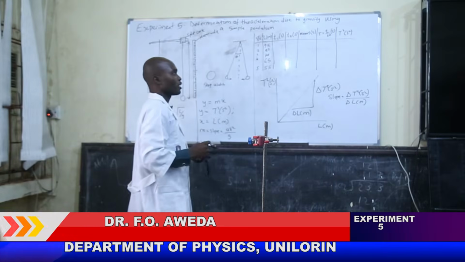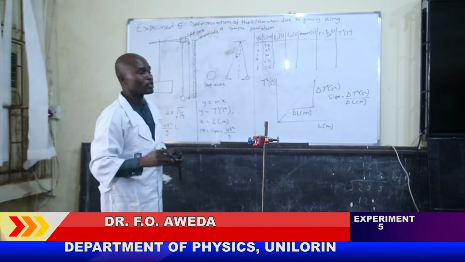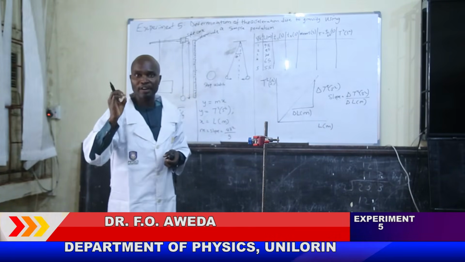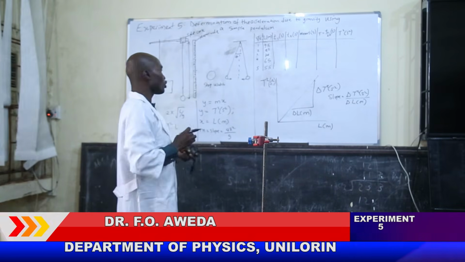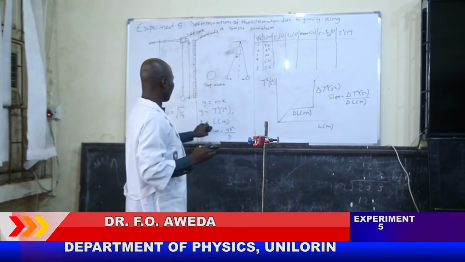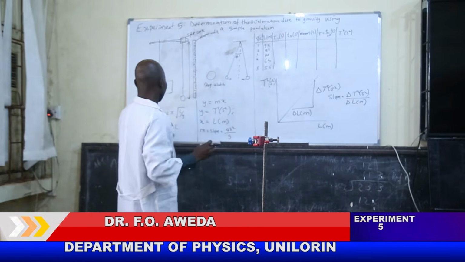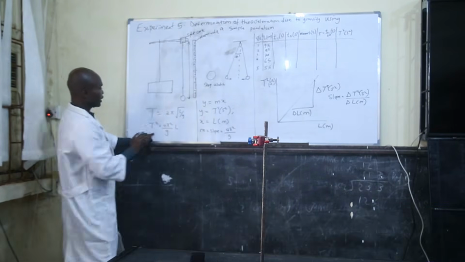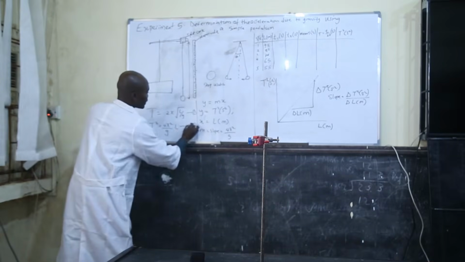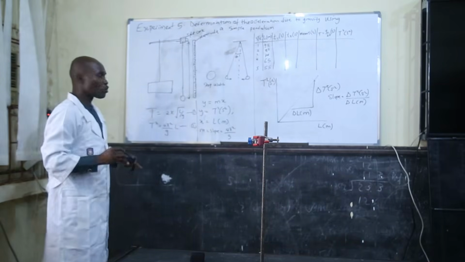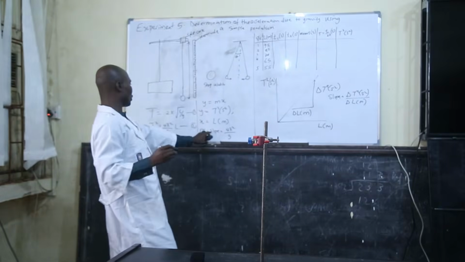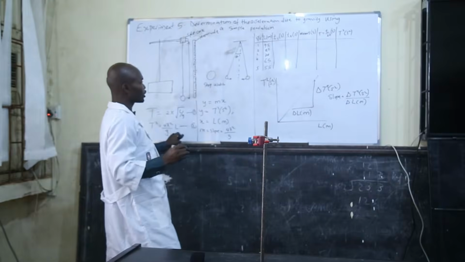For this experiment, what you want to determine is your acceleration due to gravity, which is your g. From this, you've gotten your slope. Let me label this equation 1, and this as equation 2. From your equation 2, you know that your slope is equal to 4 pi squared over g.